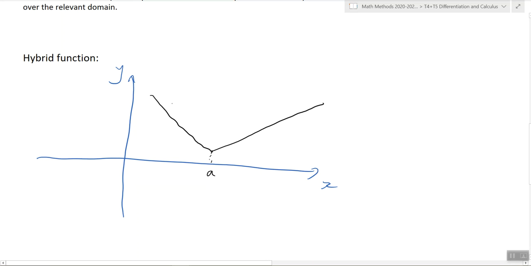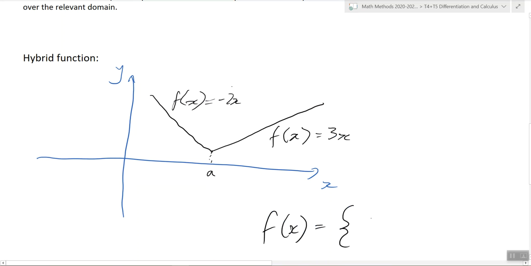So we have, I don't know, the function equals negative 2x, and then the function becomes, I don't know, 3x or something like that. Okay, so you're used to seeing it with the squiggly brackets like this.